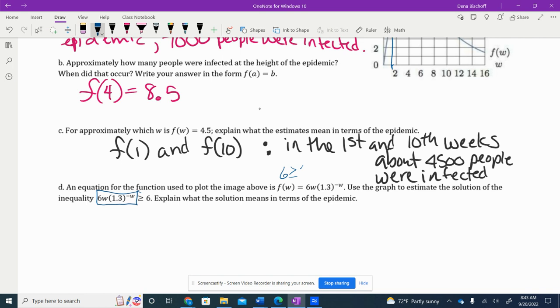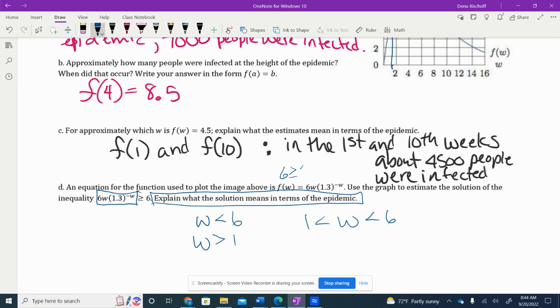So we're writing an inequality. W is less than 6, but W has to be greater than 1. So 1 is less than W is less than 6. So what does it mean in terms of the epidemic?